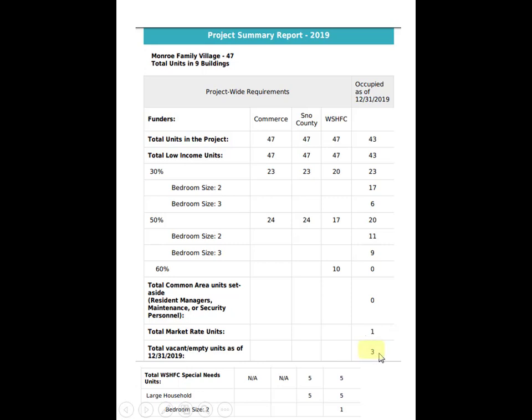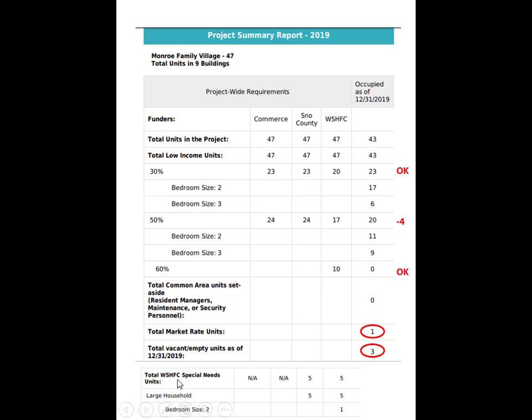There's 3 vacant or empty units. And so what that looks like is okay at the 30%, short 4 at the 50% level, definitely okay at the 60. So where are those 4 units that we are missing at the 50% level? Well, we have that one at market, which may be an error, and we have 3 vacant units.